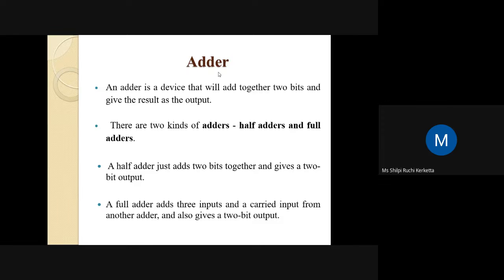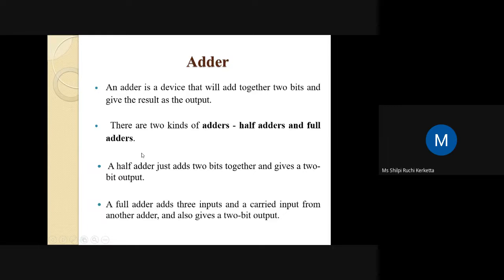So a single adder will have only 1 bit input, and there are two kinds of adder. One is half adder and one is full adder. For half adder, we will take two individual bits together, and for full adder, we will take three inputs. And for both half adder and full adder, we will get a sum and a carry.